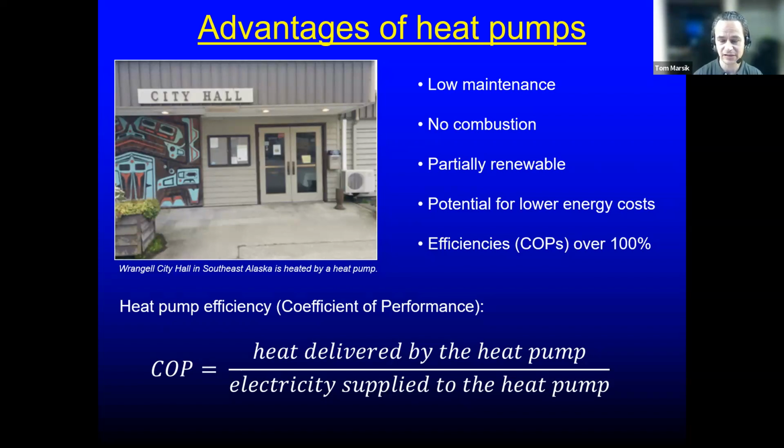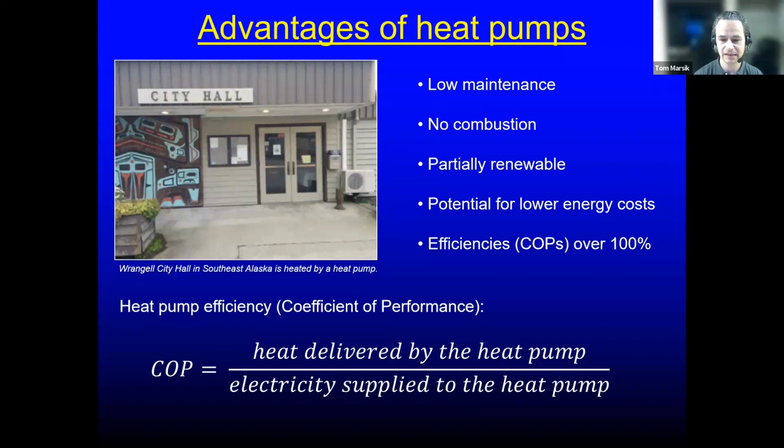And the energy that's extracted from the outside environment also ends up inside the building. So the amount of energy that ends up in the building is greater than how much energy we put into the heat pump in the form of electricity. Now, how many times greater it is, that's what the coefficient of performance tells us.